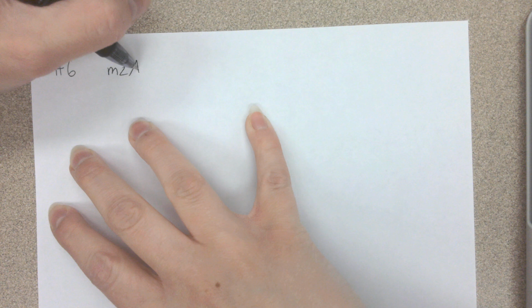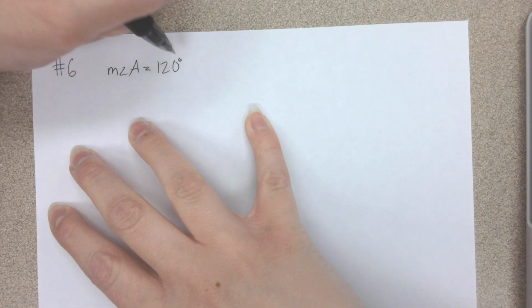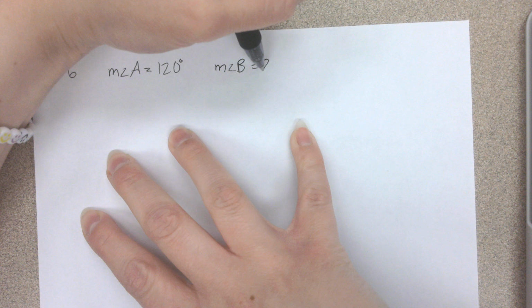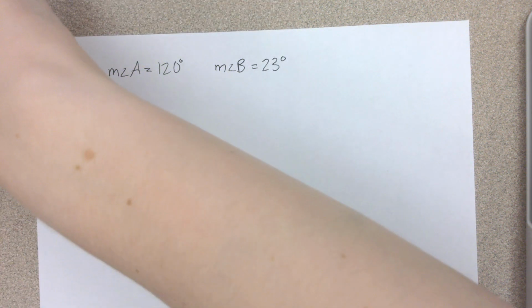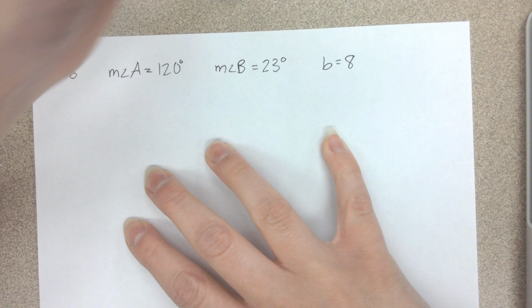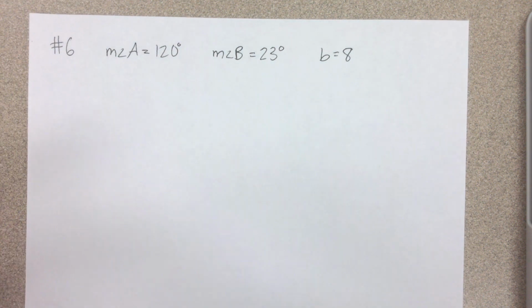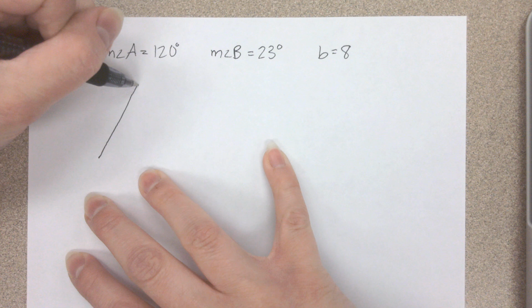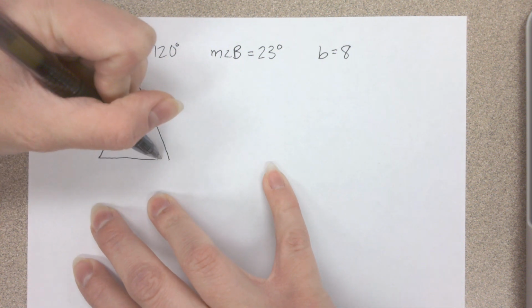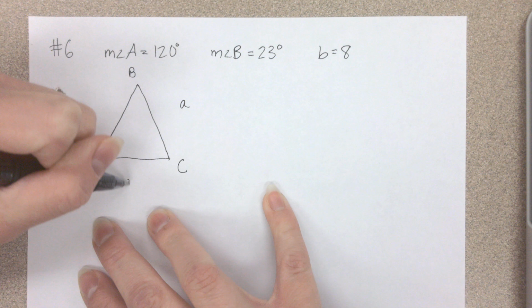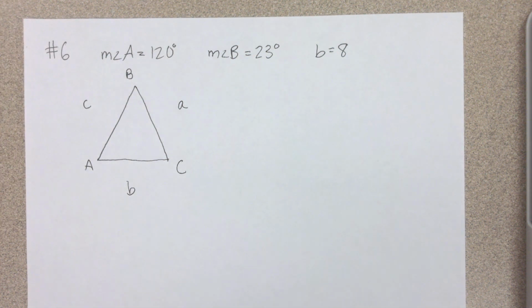Measure of angle A equals 120 degrees. Measure of angle B is 23 degrees. And side B is 8. All right, draw the triangle. A, B, C, little a, little b, little c.